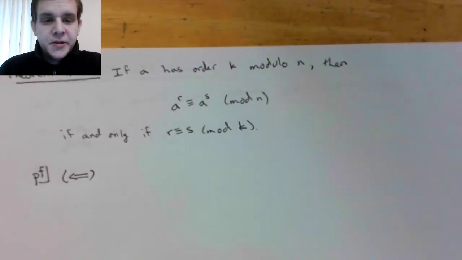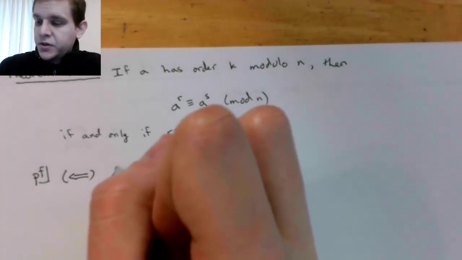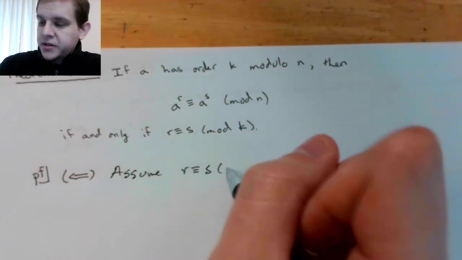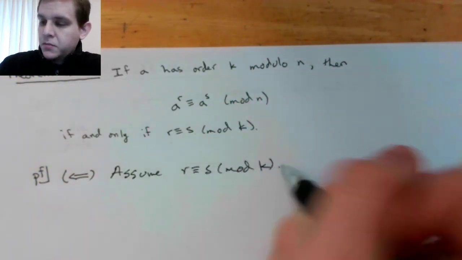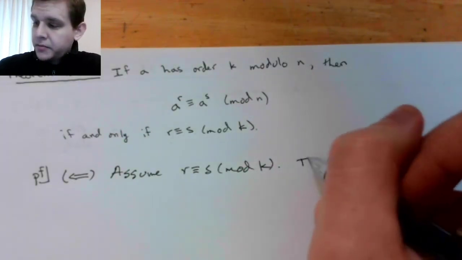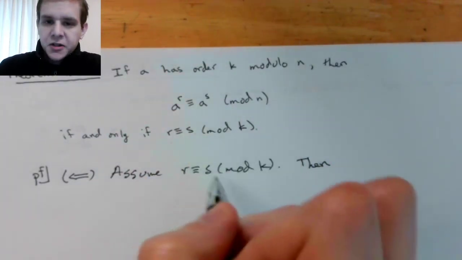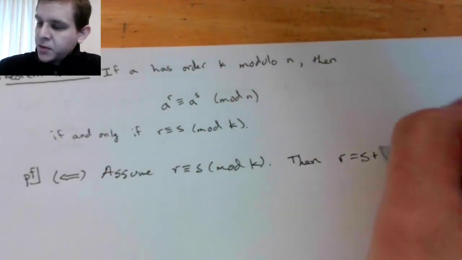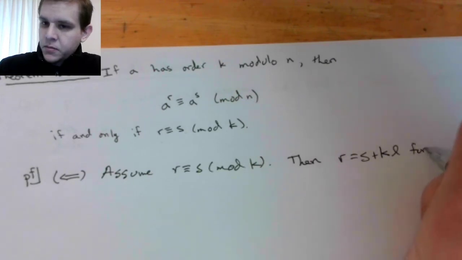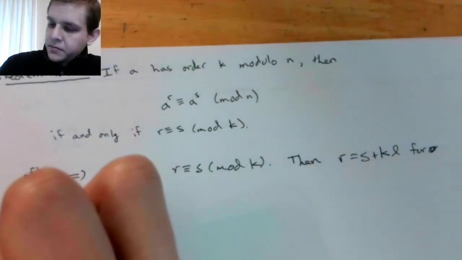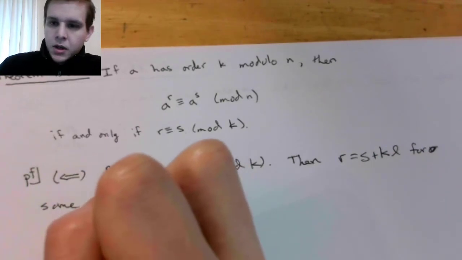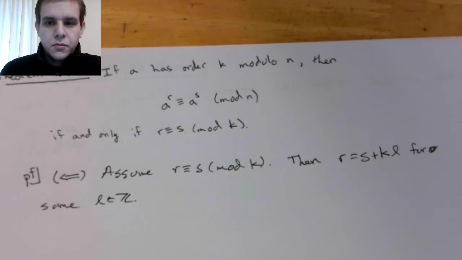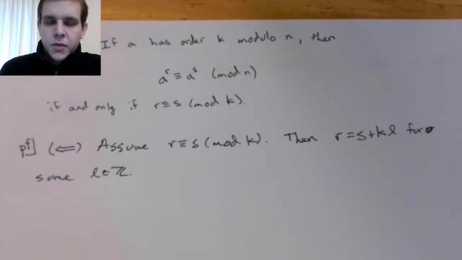So we'll do this way first. So assume r is congruent to s mod k. Then, just by definition, k divides r minus s, or r is equal to s plus some multiple of k, kl, for some l in Z. Well, now what do I do?